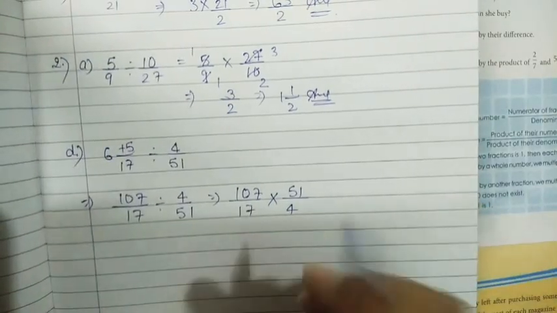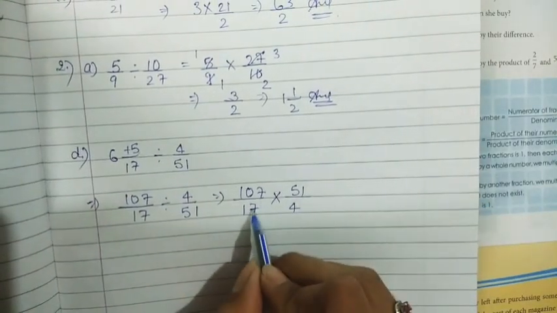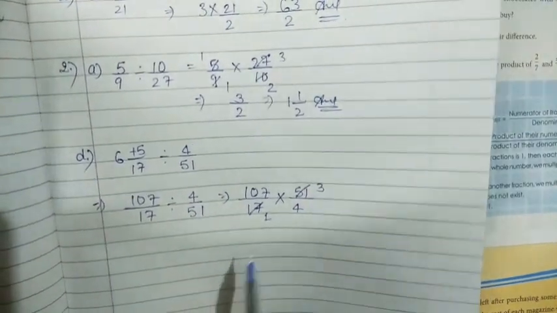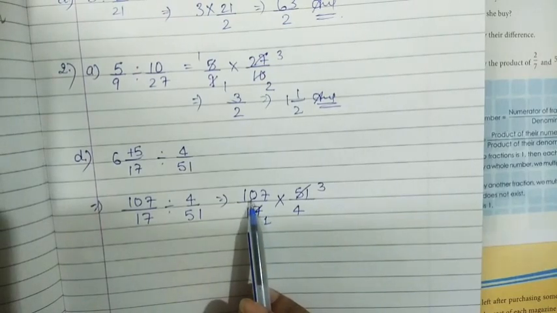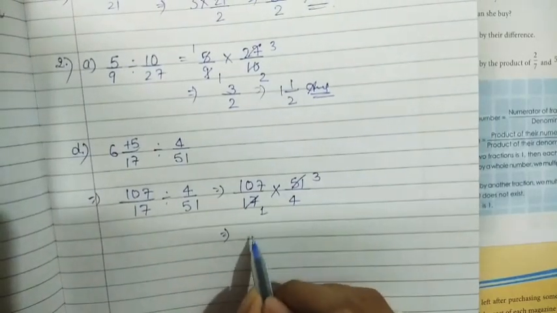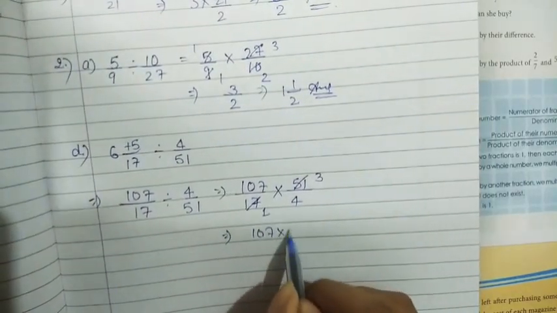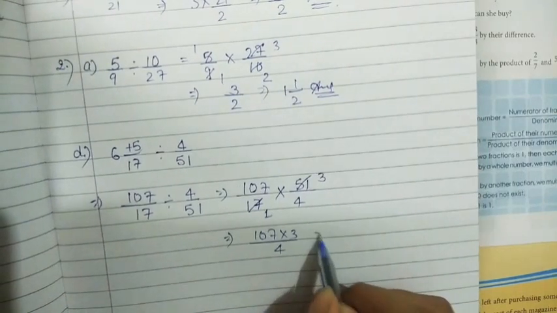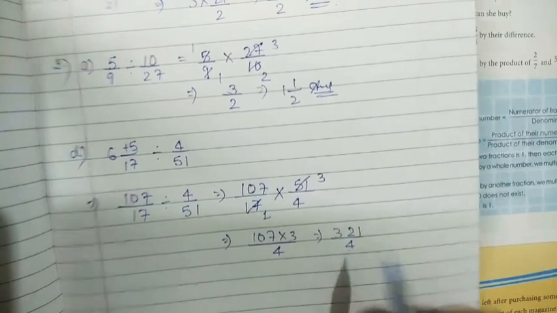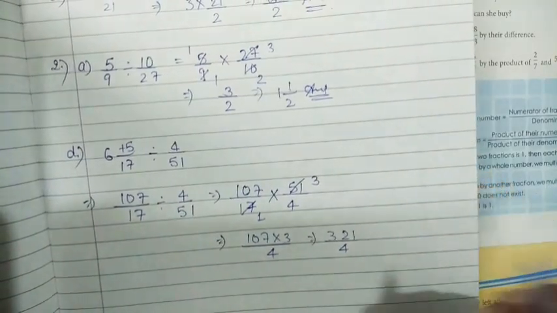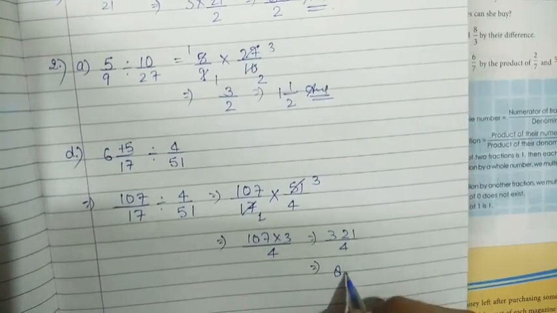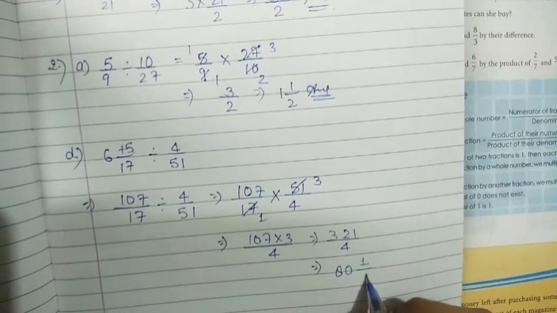Here you can see that we can cut 17 and 51 by 17: 17 ones are 17 and 17 threes are 51. Now 4 and 107 can't be cut, so write 107 multiplied by 3, over 4. So the answer is 321/4, or you can convert this into a mixed fraction. So the answer is this.